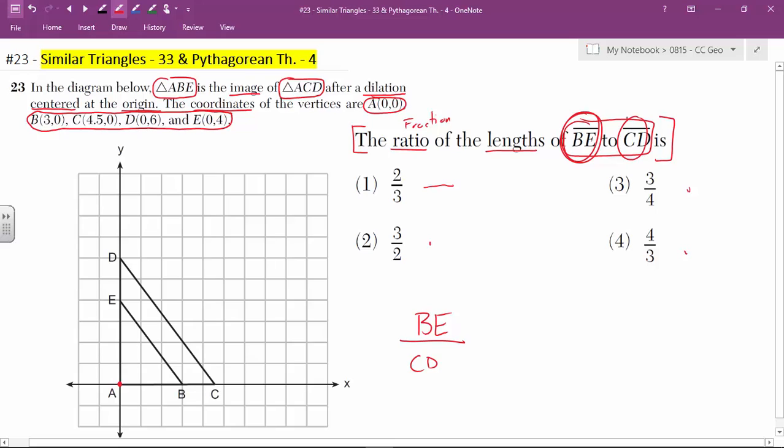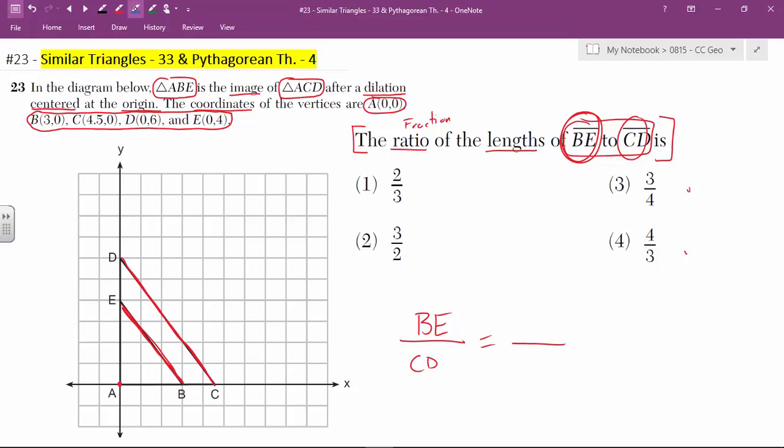BE divided by CD. So in this diagram, what I really need to know is the length, the number value of BE, and the length of CD. So I could substitute them in and then figure out what that simplifies to. Which of these fractions will be my answer?